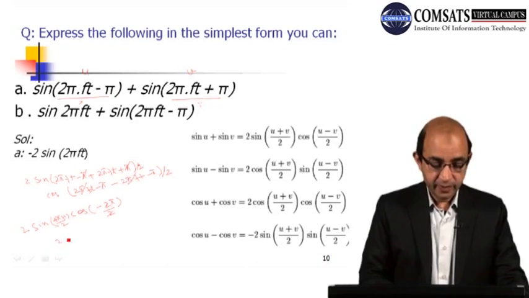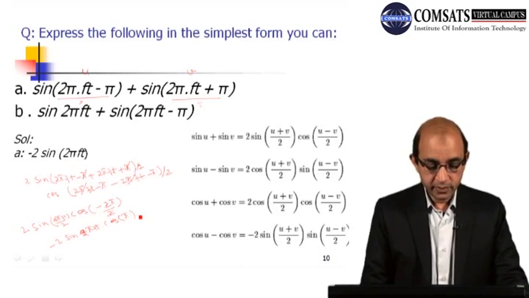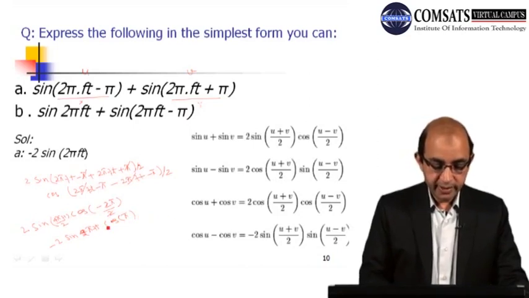So we will be having 2 sine 4 pi ft, or rather 2, because 2 will be cancelled with this 4. So here we have minus and cos of pi. So that is equal to 1.